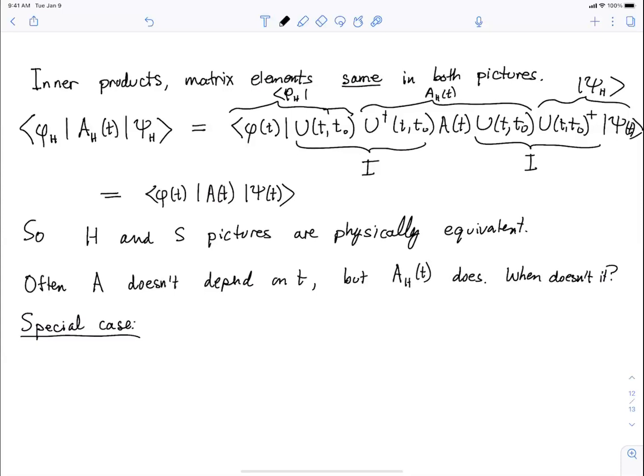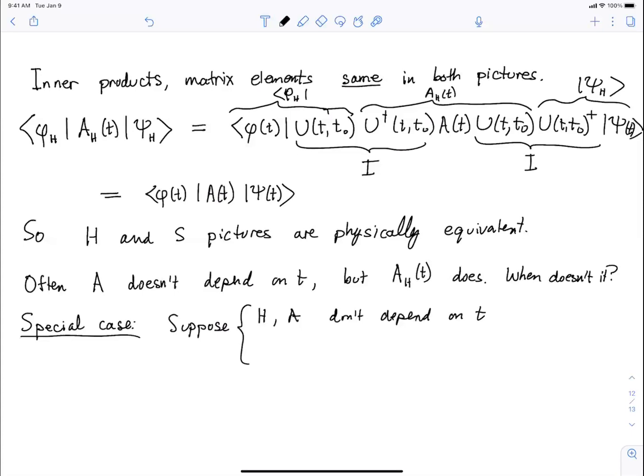That special case is, suppose you have the following properties. First of all, we're going to suppose that the Hamiltonian and A don't depend on time, which is very often the case.